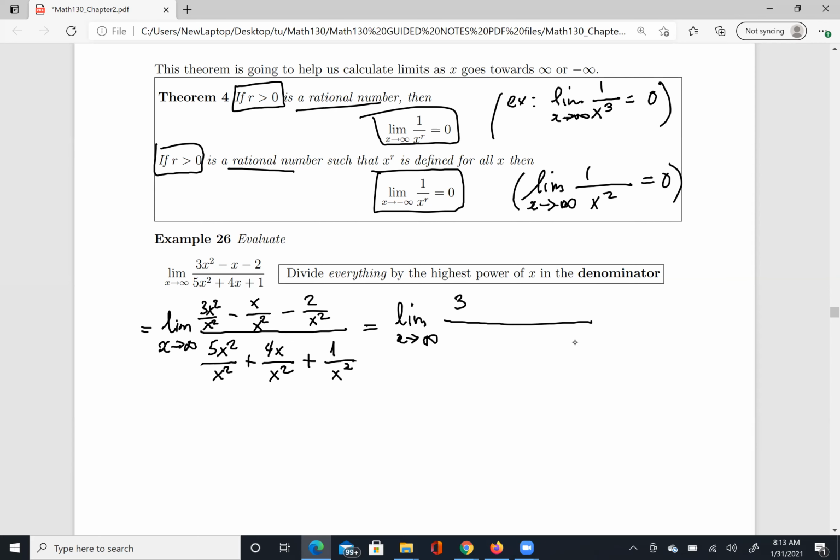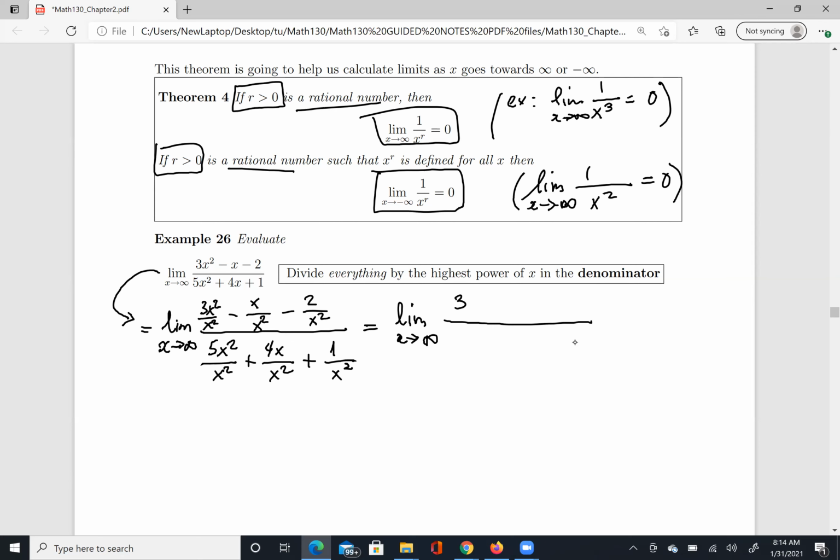By the way, I want to tell you why the original expression and the second one are equal to each other: I just divide the numerator and the denominator, both of them, by x squared, multiplying both top and bottom by 1 over x squared. So that doesn't change anything.